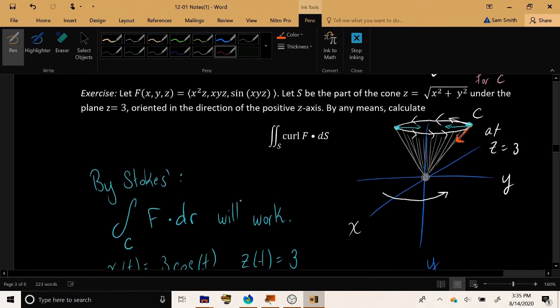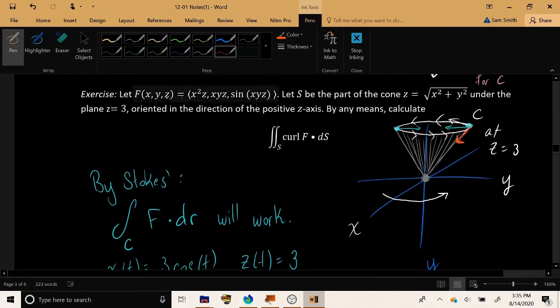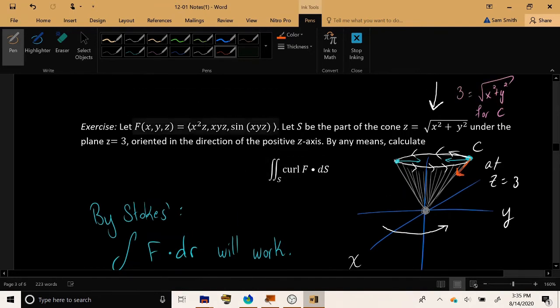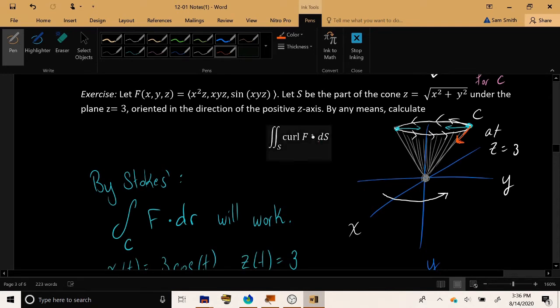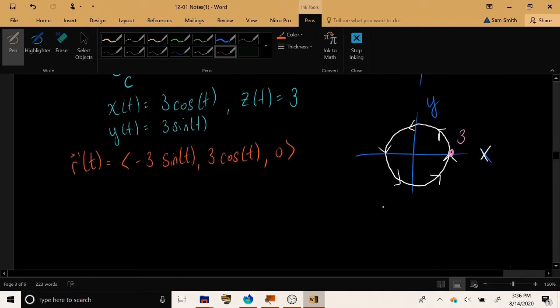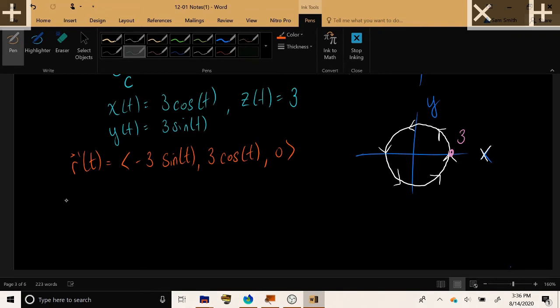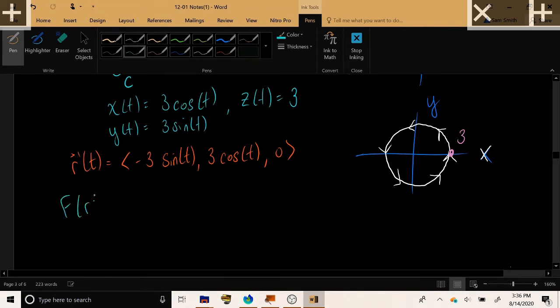And the next thing that we need to do is take our vector field F, whose line integral we're calculating, and replace the x's, y's, and z's in this formula with the x's, y's, and z's for our parameterization. So we have x squared z, and I'm going to call this F with the parameterization plugged in.